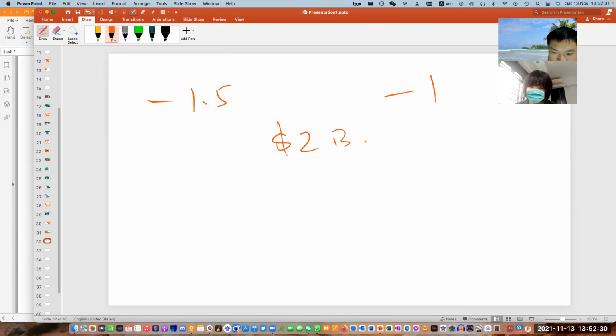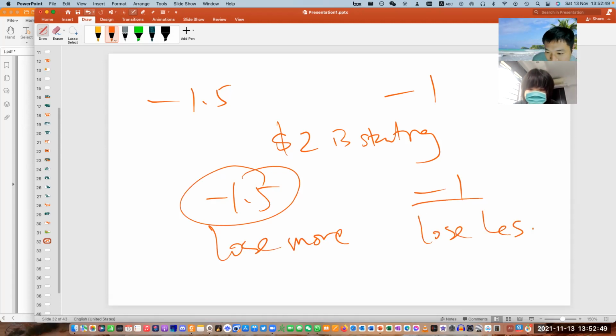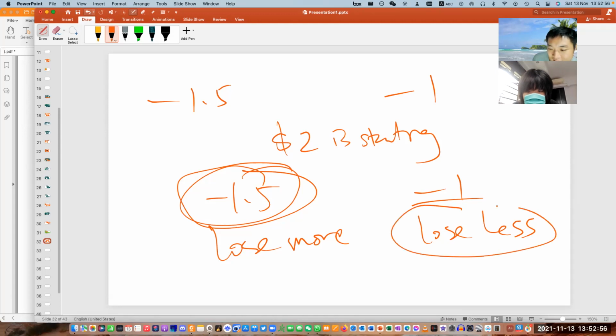When you start with $2, then -1.5 and -1, right? This one you lose more. So this one you lose less. So if you lose $1.5, you lose less if you lose $1. So in fact, the bigger number in this case is -1.